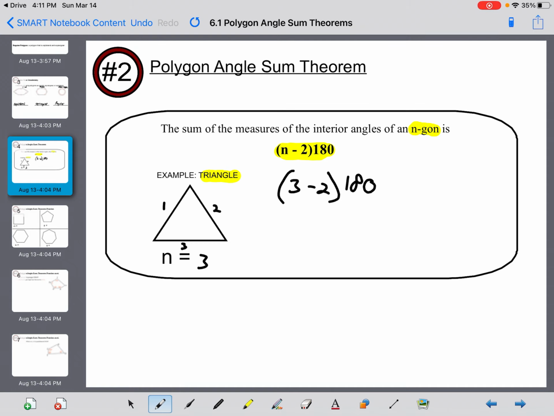Going back to PEMDAS, you do your parentheses first, so 3 minus 2 is 1, and 1 times 180 is 180. So we know that all three angles within a triangle will add up to 180 degrees. Notice the only thing we plug in is n equals 3.